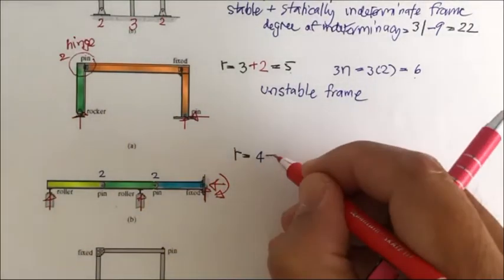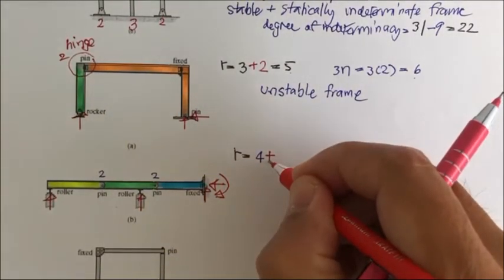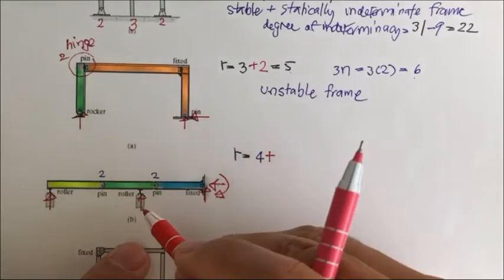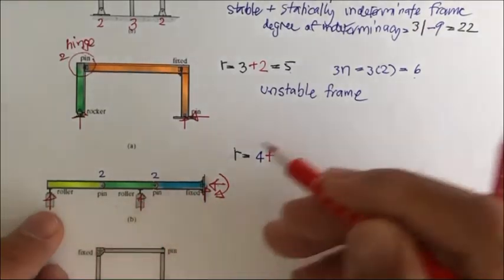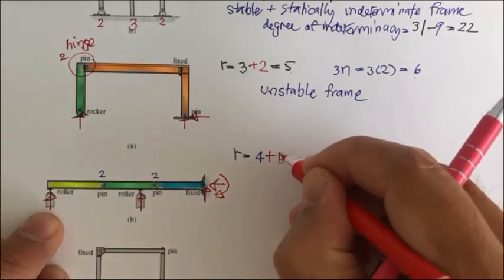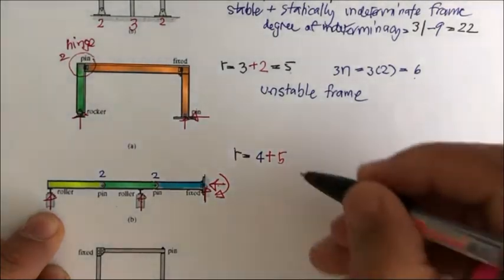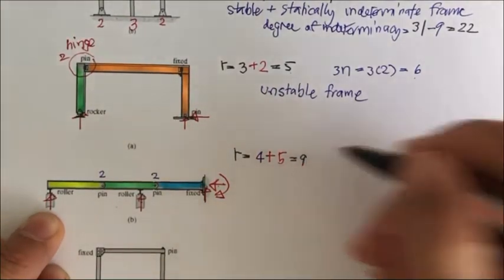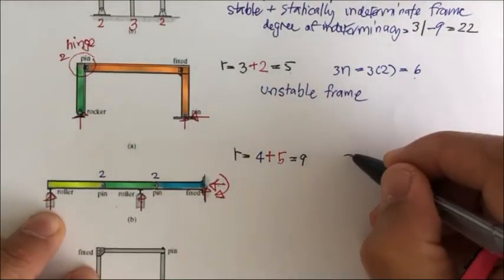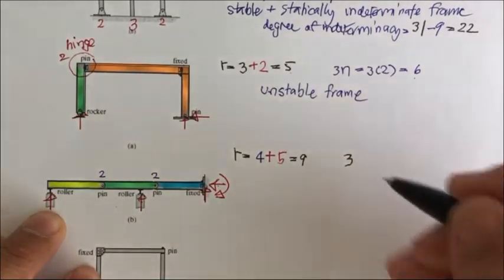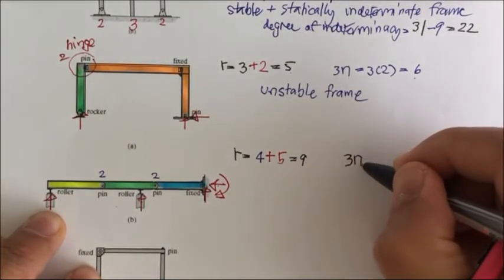And then the reactions are going to be 3, 4, 5, and going to be 5. The total unknowns are going to be 9. And then each free body diagram has 3 equations.